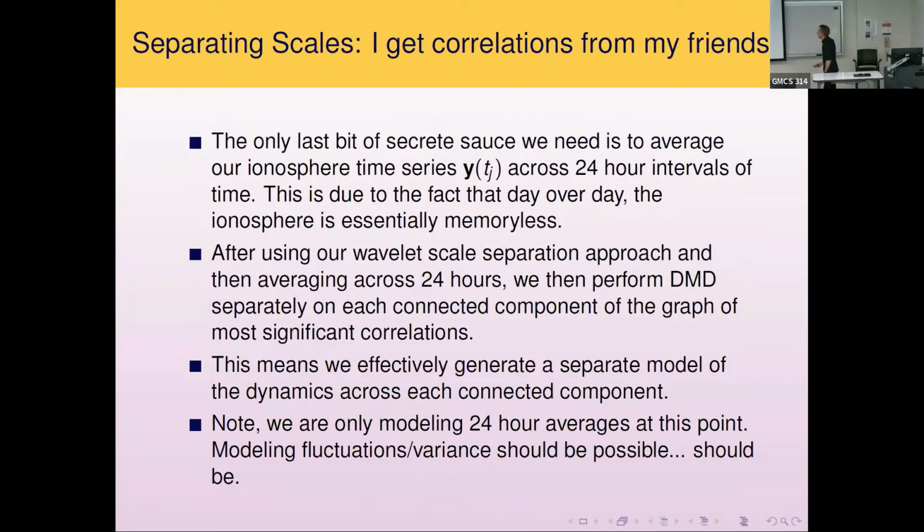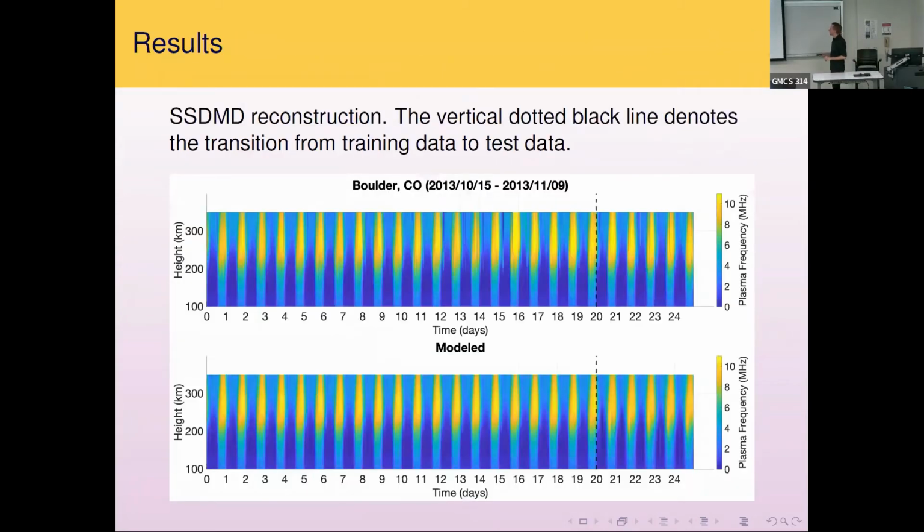So anyway, once we figured that out, everything just kind of snapped. It really was remarkable. Months of frustration and then everything was just like, boom. Let me show you what I mean. So here's the data, and we do DMD or modeling, if you will, up to the first 20 days of data, and then after that we predict.